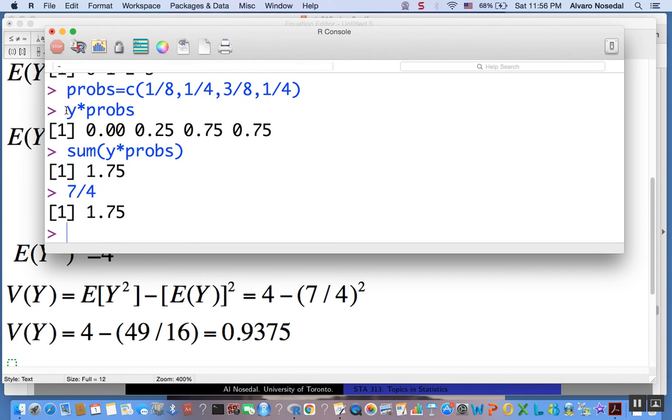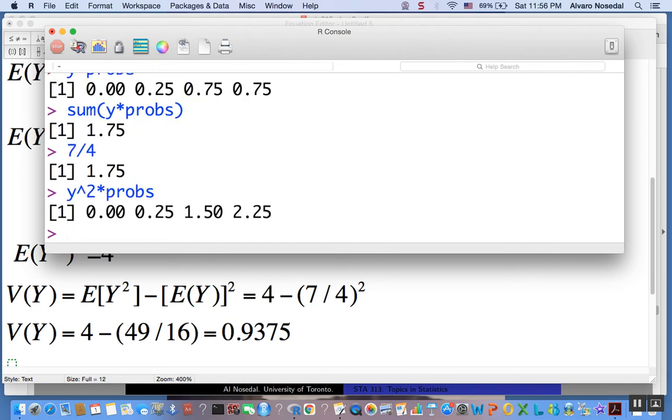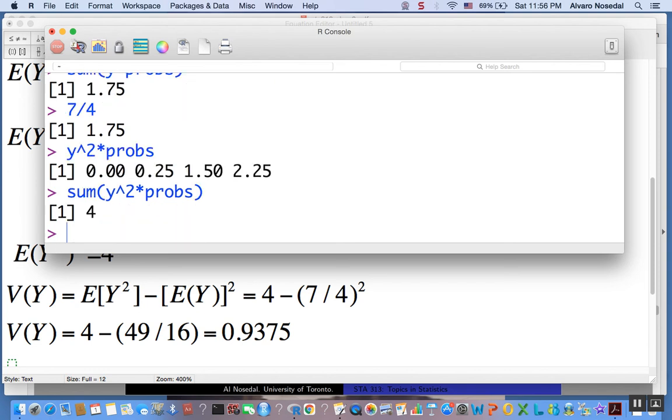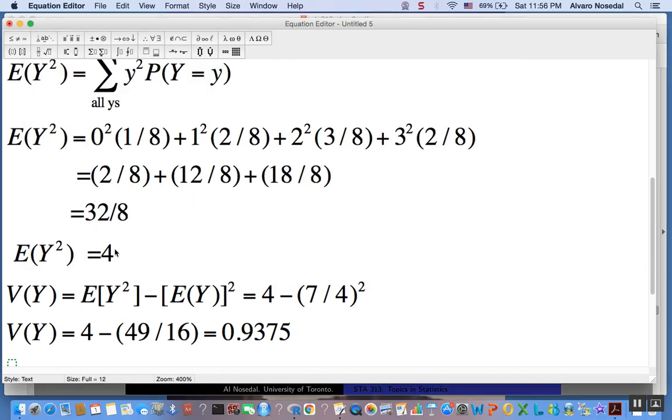That guy would be almost like this one. So now we want y squared times our probabilities, and what we want is the sum of those guys. Okay, so that's the expected value of y squared, so it's 4.